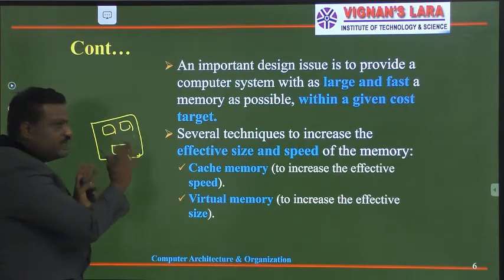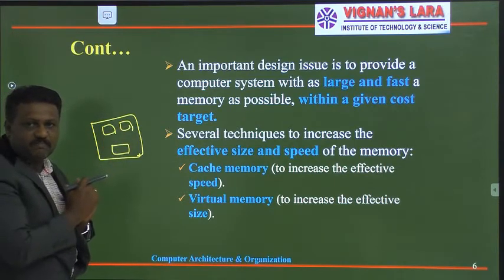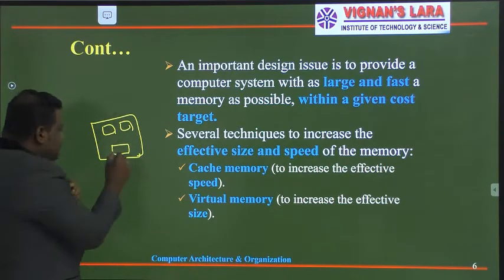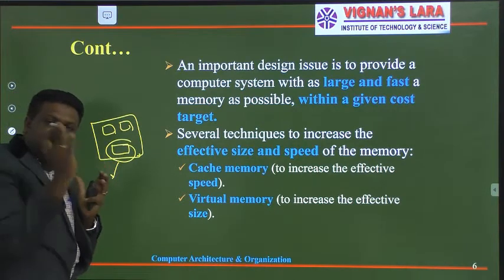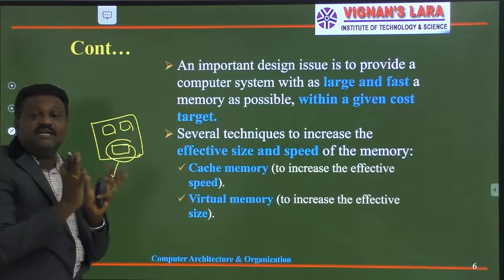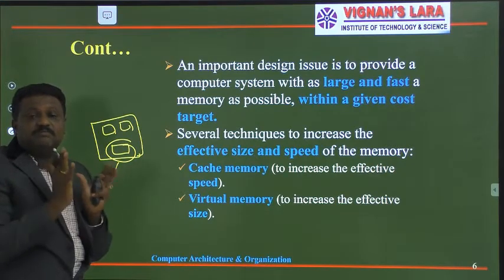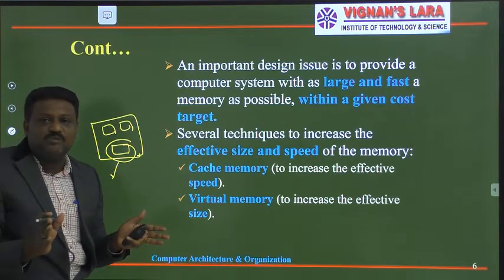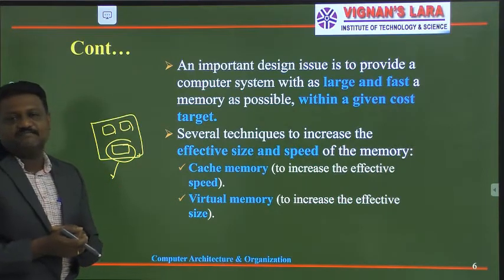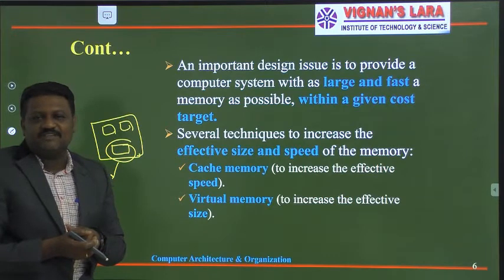And I have a budget for making this entire system. In that I allocate a certain amount for this memory. Whatever amount I allocate for the memory, within that cost only I must make a memory element whose size is large as well as its operation is faster. That's the main important thing.